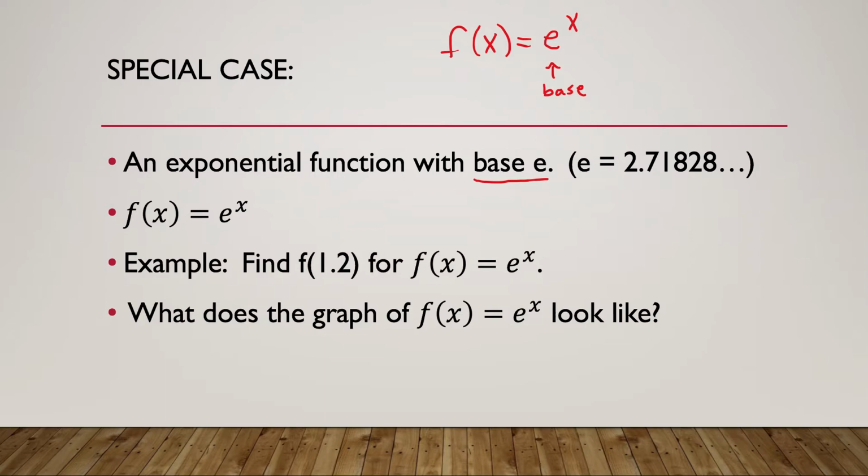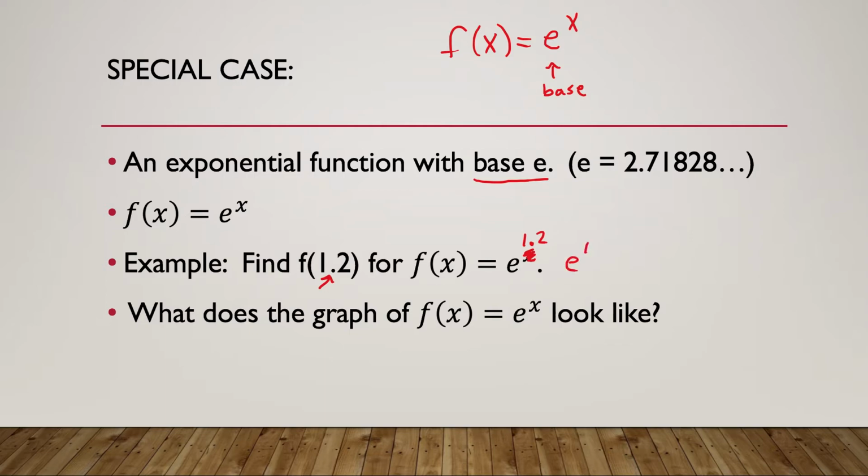All right, so just a couple of quick problems with it. The first one, let's evaluate. It says find f of 1.2 for f of x is equal to e to the x. Remember, whatever is in the parentheses, in this case 1.2, is going to go in for the x. So we're going to be evaluating e to the 1.2.